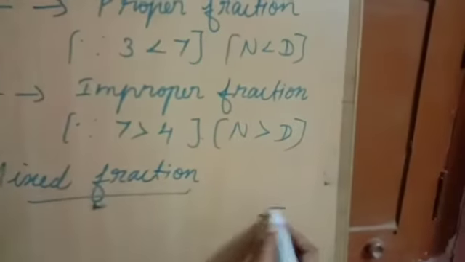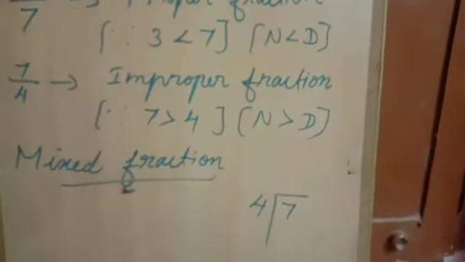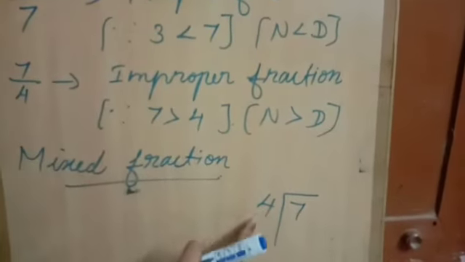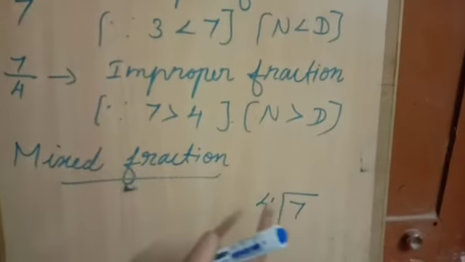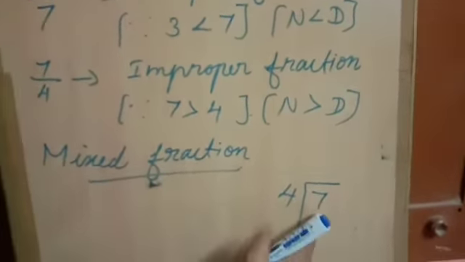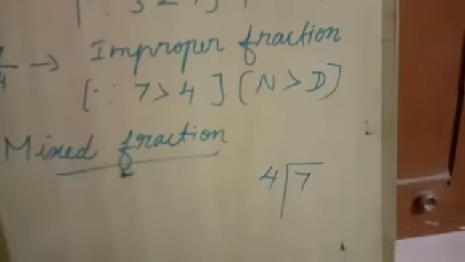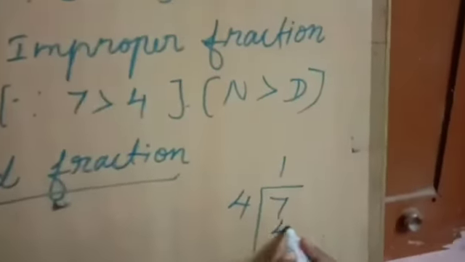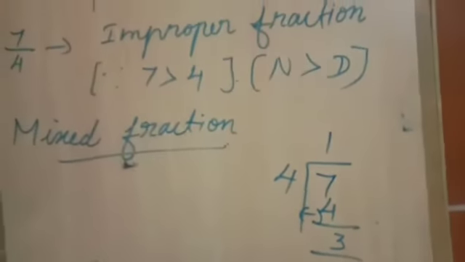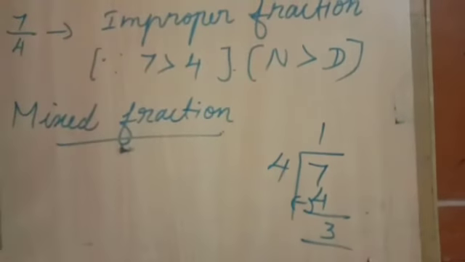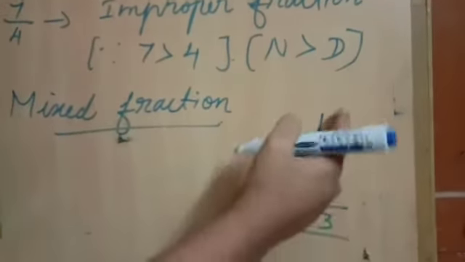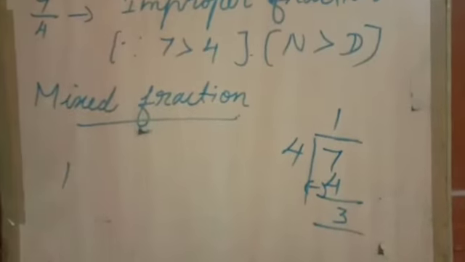To convert this improper fraction into mixed fraction, we have to divide numerator by denominator. Here numerator value is 7, denominator value 4. Just take how many 4 in 7? Only 1 four. 1 four is 4. 7 minus 4, 3. How do you convert into mixed form? Just bring this quotient value as a whole number.